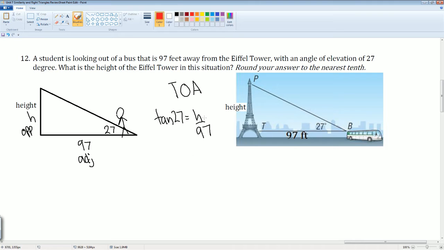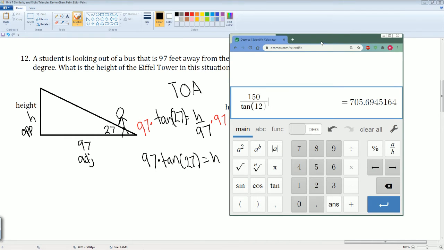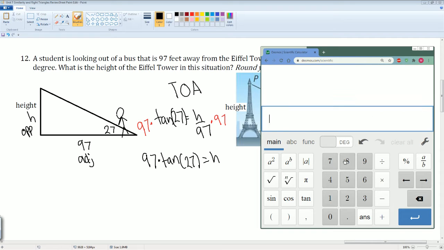I'm trying to get H alone, so I'm going to multiply by 97 to both sides. I get 97 times tan 27 degrees. That's going to be equal to H. Now I can plug this into the calculator. 97 times tan 27.